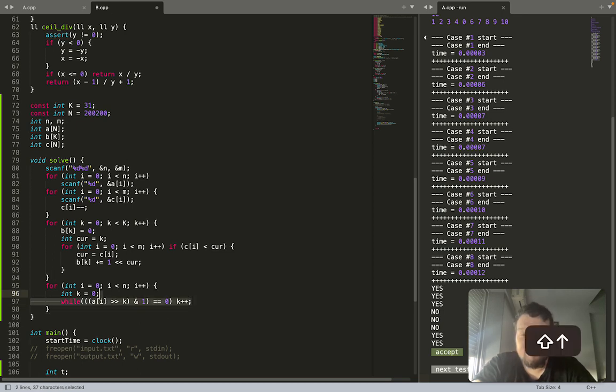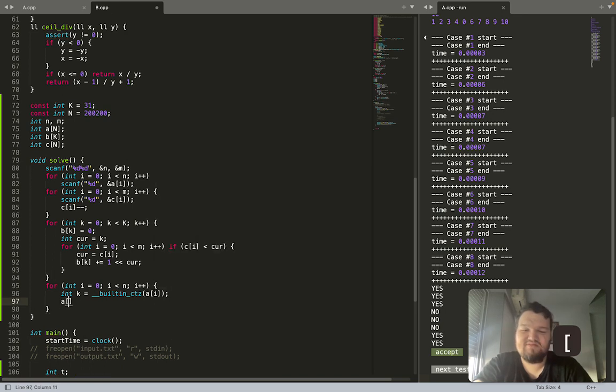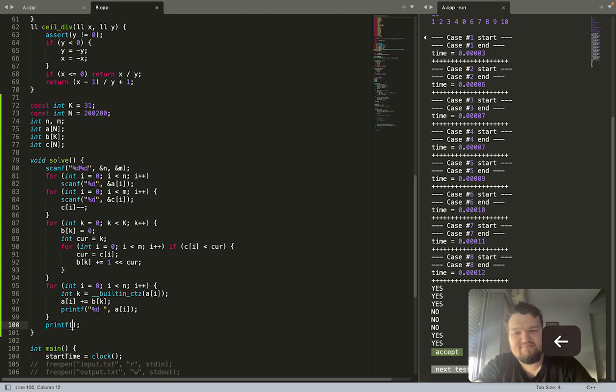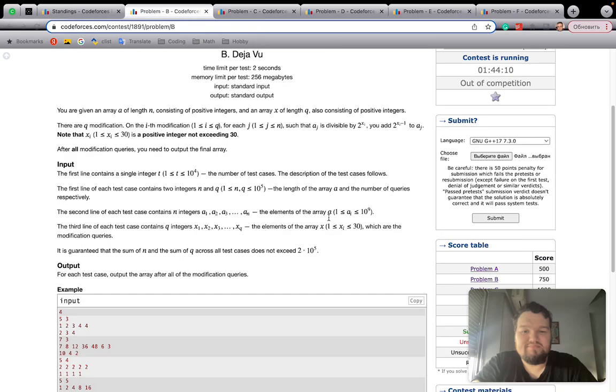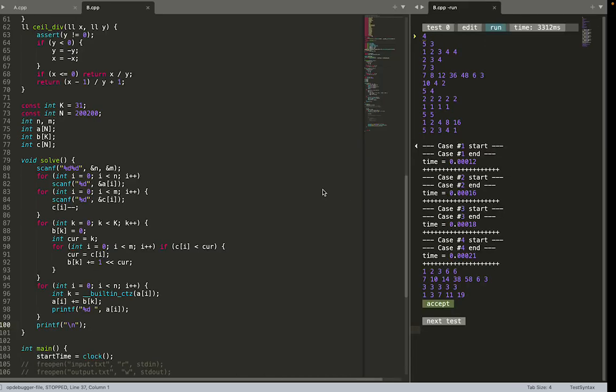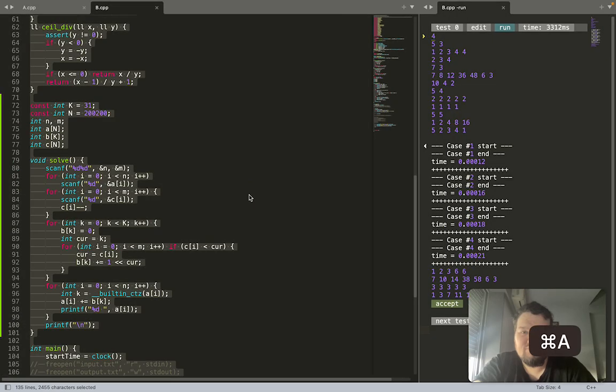So I think it should be the built-in count trailing zeros. Looks fine.